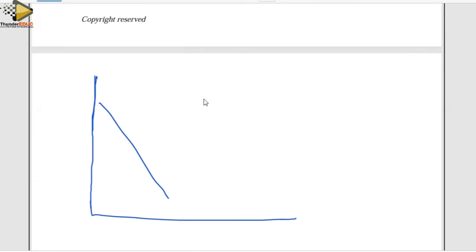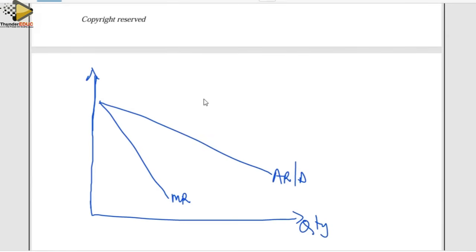If a business has average cost and average revenue, we are seeing here, this is our marginal revenue, and this is our average revenue, which is equivalent to the demand curve. This is our quantity, and this is our revenue, cost, or price on this side.